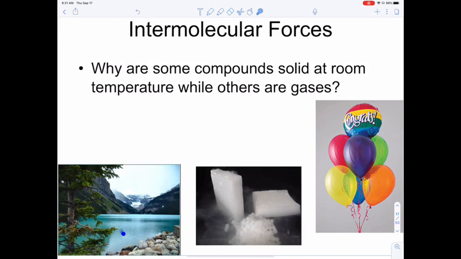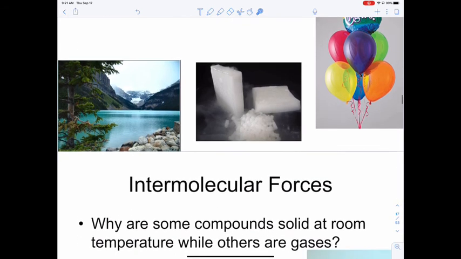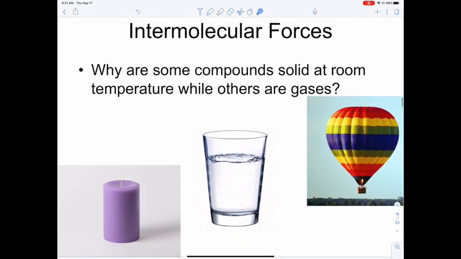For example, water is a liquid at room temperature, carbon dioxide is either a solid or a gas, and helium or neon in a balloon is going to be a gas at room temperature. We could ask these questions about paraffin, which is what candles are made out of, or water, or air if you heat it up enough. The temperature at which those become gases is going to be important.